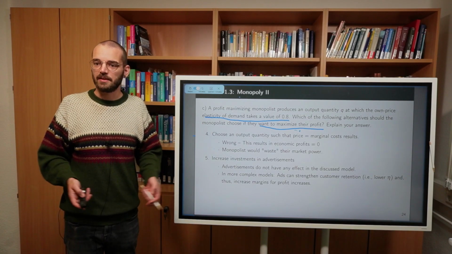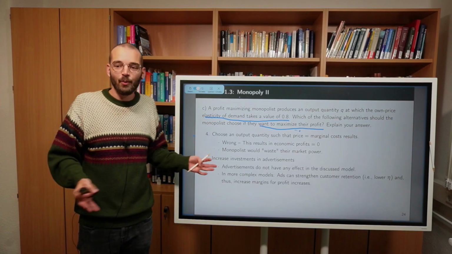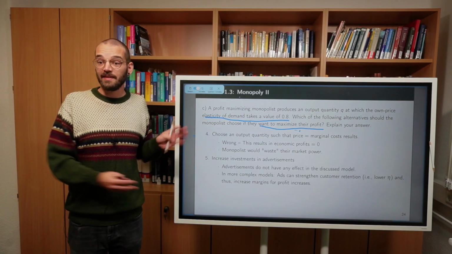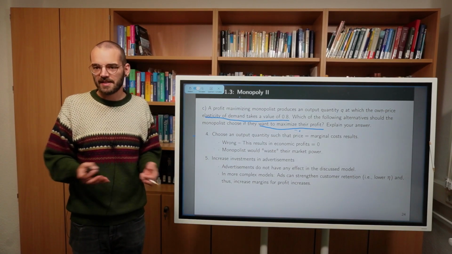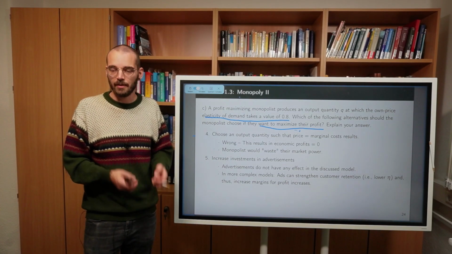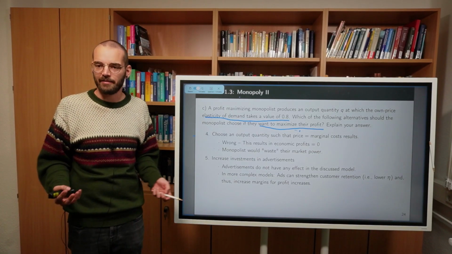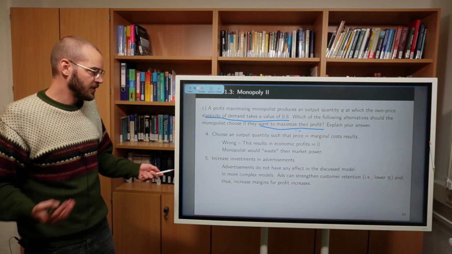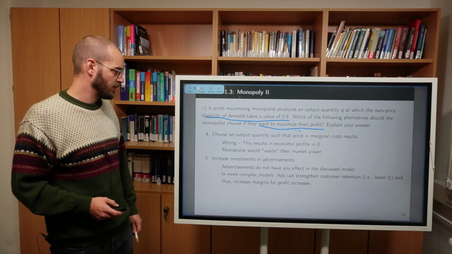Well, why does it not have an effect? Simply because demand is in no way dependent on advertisement in this very simple model, right? In this very simple model, there is simply no room for advertisements. So using this very simple model, we cannot say anything about the effects of advertisements. Advertisements do not have any effects in the discussed model.